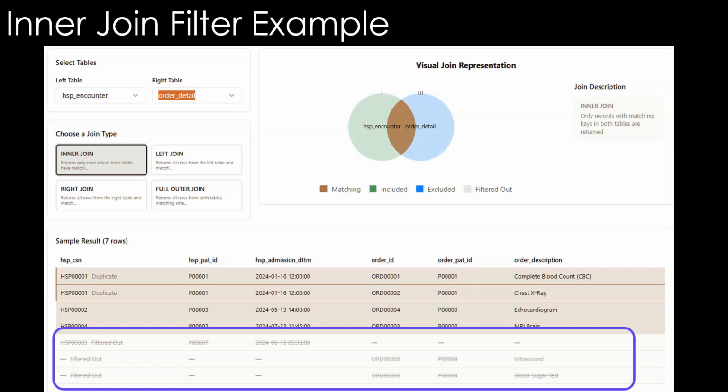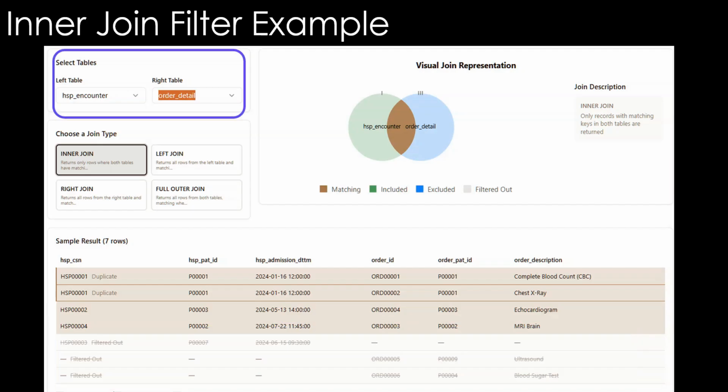And below that, the opposite is also true. If there are encounters that are in the order table, but they don't have a matching encounter from the hospital, then that will be filtered out of your results. So inner joins can often result in filtering, whether or not you actually want that to happen. That's what to look out for in these.